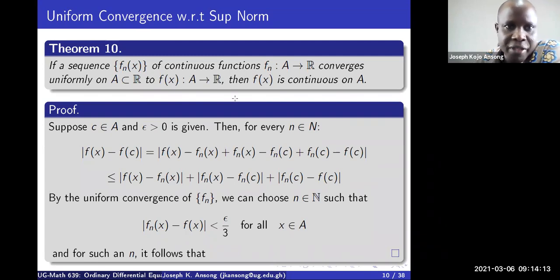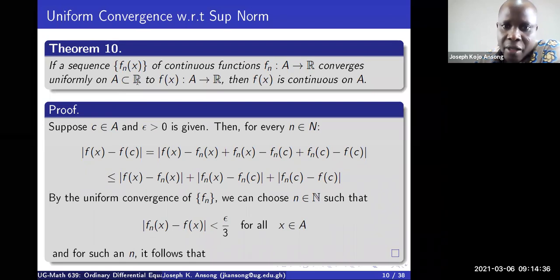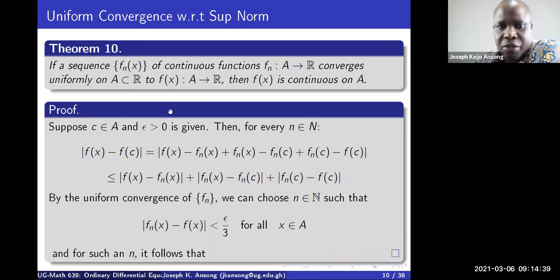So let's prove this. I mentioned this already. If a sequence of functions, each of them continuous, from a domain A to R, converge uniformly to a function on A, then that function is also continuous.